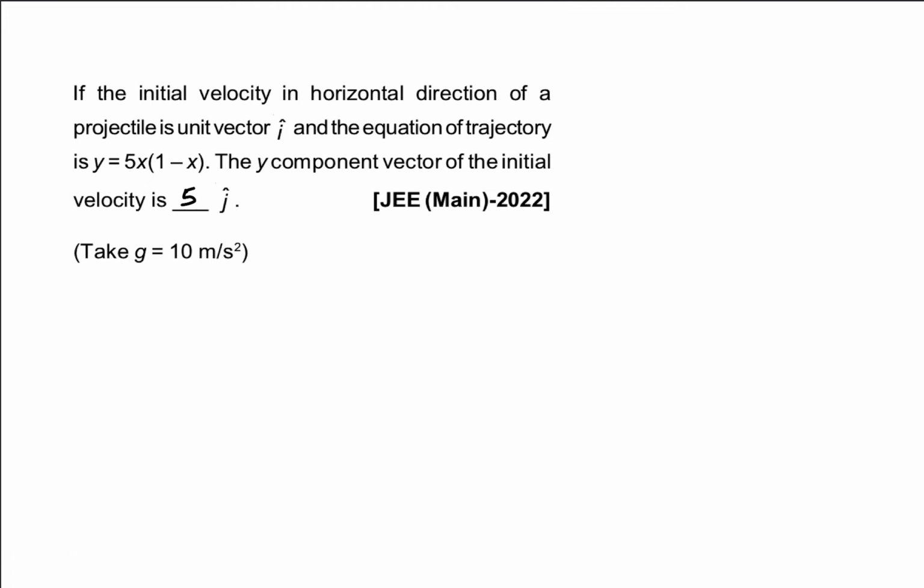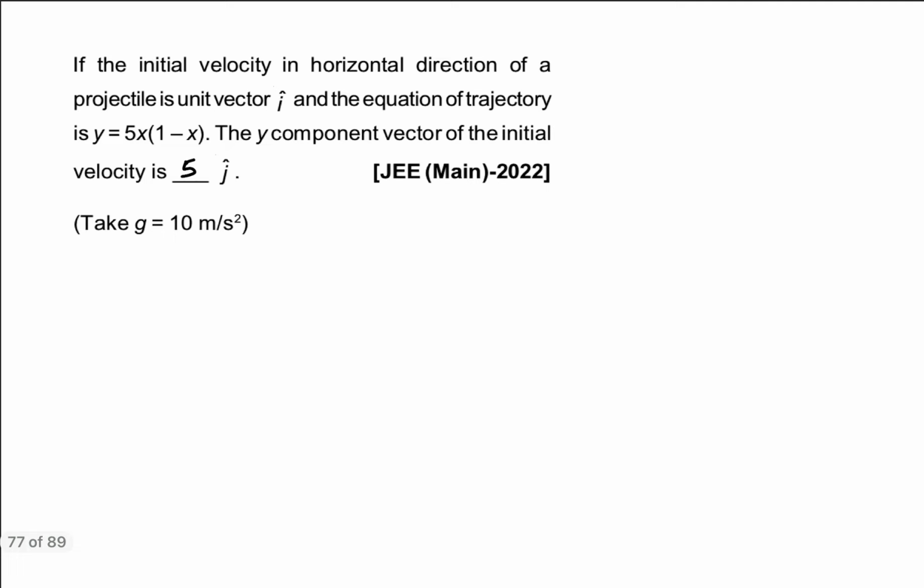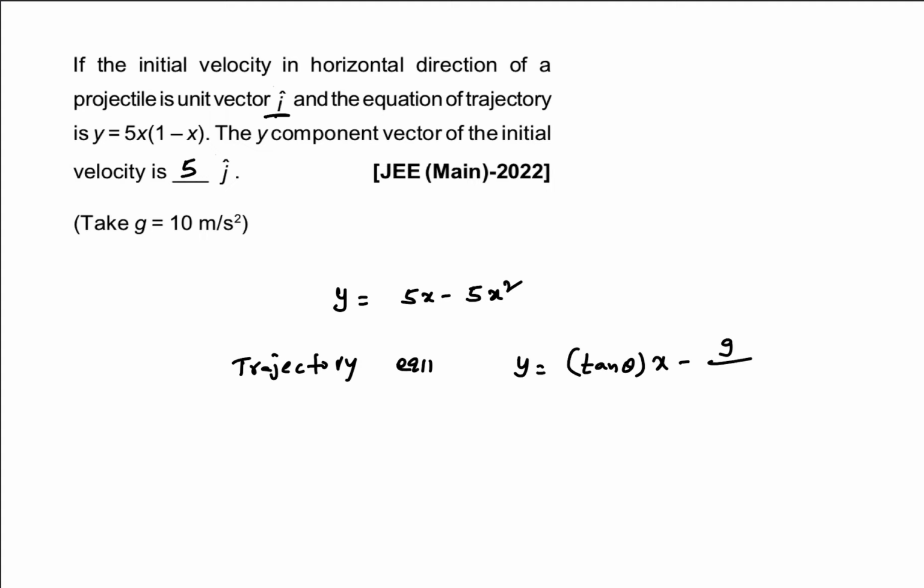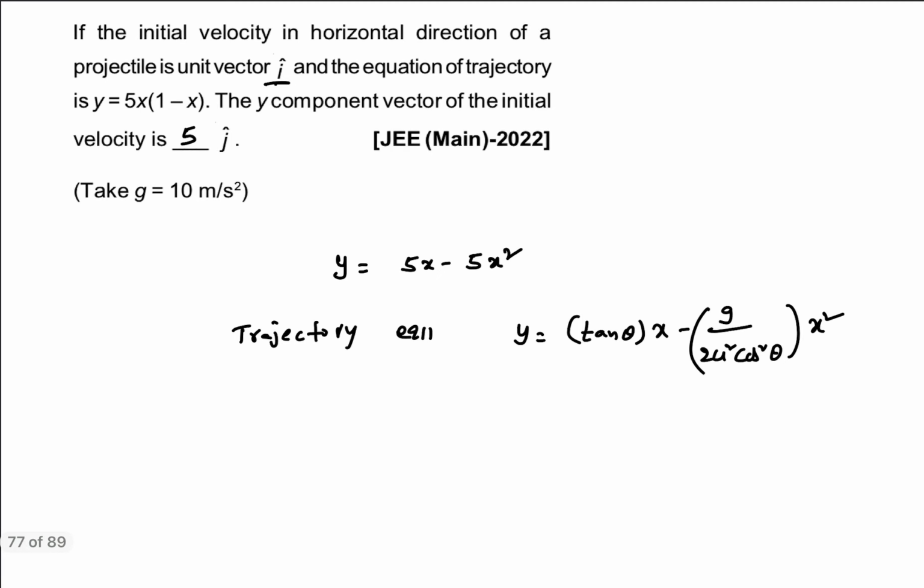Next one, the initial velocity in the horizontal direction of a projectile is a unit vector, that is i cap, along the x-axis, and the equation of trajectory they have given is y is equal to 5x minus 5x square. I told the trajectory equation earlier also. The trajectory equation you can write as y is equal to tan theta into x minus g divided by 2u square cos square theta, whole thing into x square.